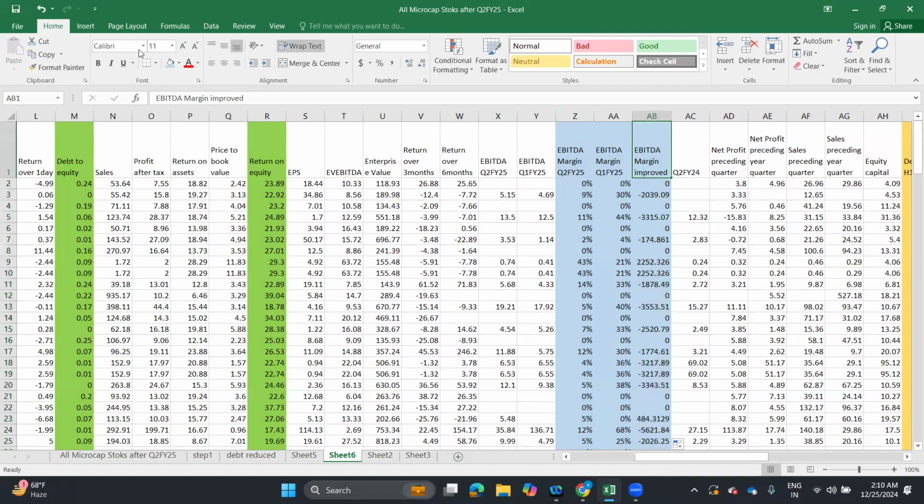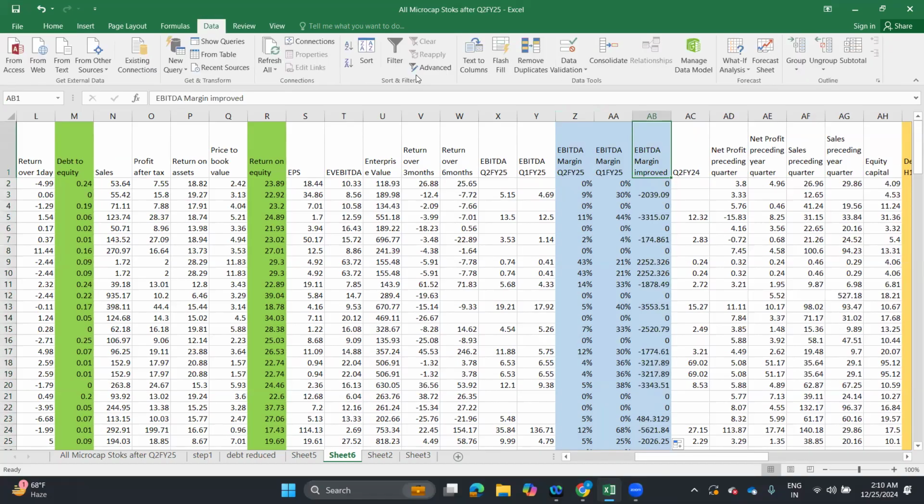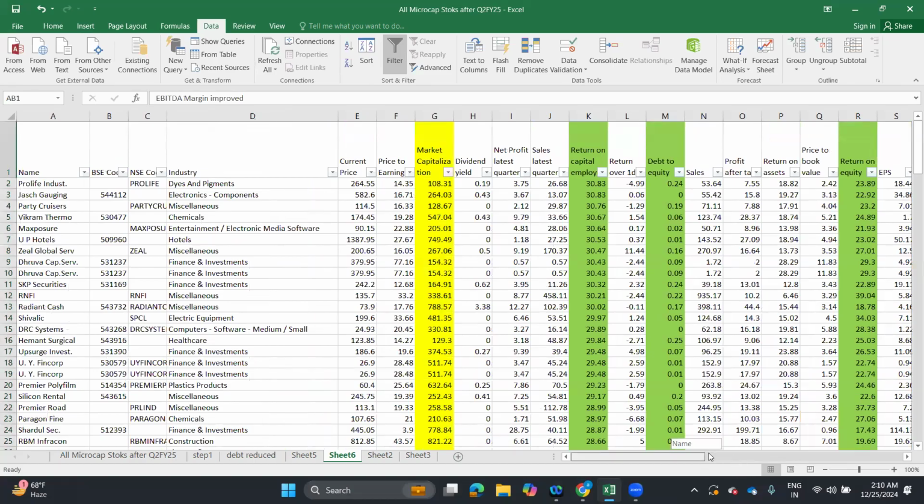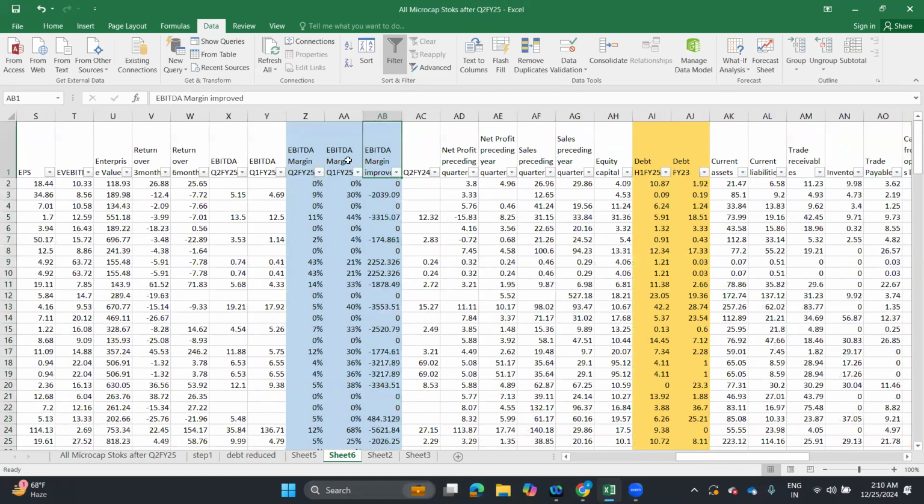तो नाउ लेट मी अप्लाई वन फिल्टर, डेटा फिल्टर, where EBITDA margin has been improved.